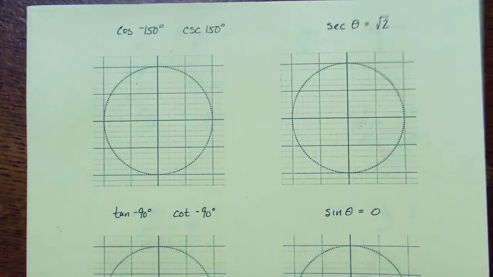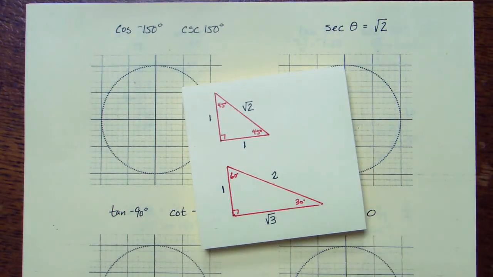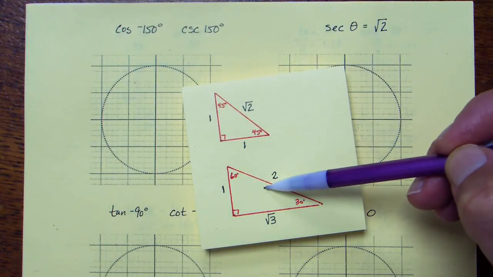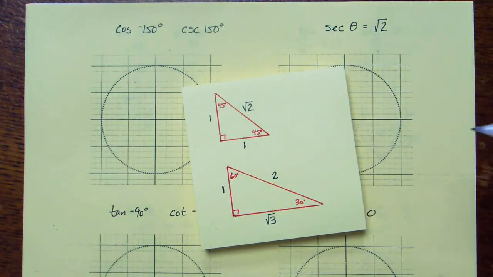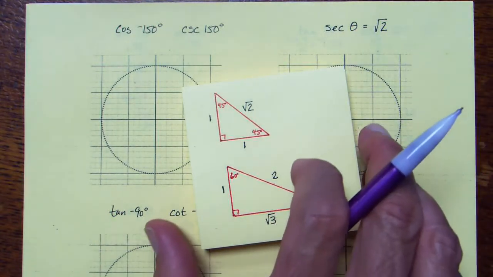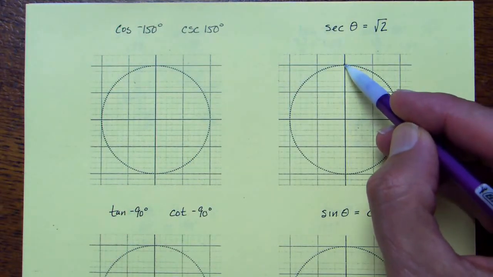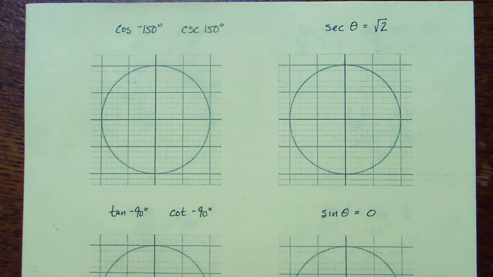Aside from the concepts of the previous video, we're definitely going to take advantage of some knowledge we have about the two special right triangles, the isosceles right triangle and the 30, 60, 90 right triangle, and knowing how the sides relate in those two triangles. We'll also be dealing with angles that happen to land right on an axis like 90 or 180 or 270. So here we go.